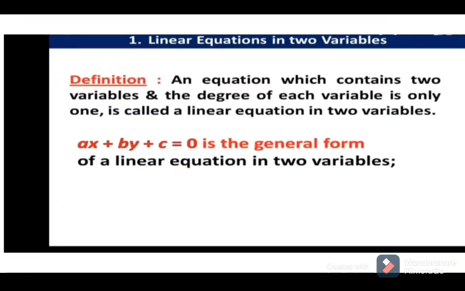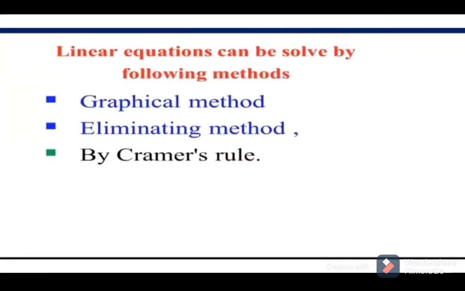An equation which contains two variables and the degree of each variable is only 1 is called a linear equation in two variables. ax + by + c = 0 is the general form of a linear equation in two variables, where a, b and c are real numbers and a, b are not equal to 0 at the same time.